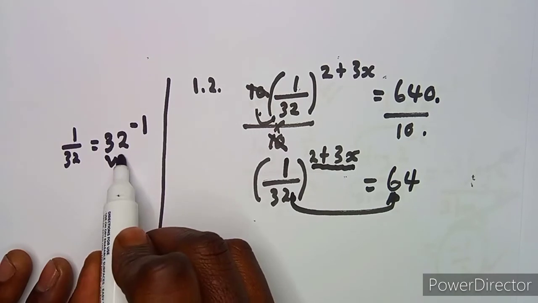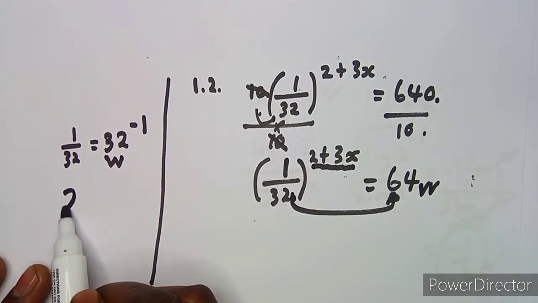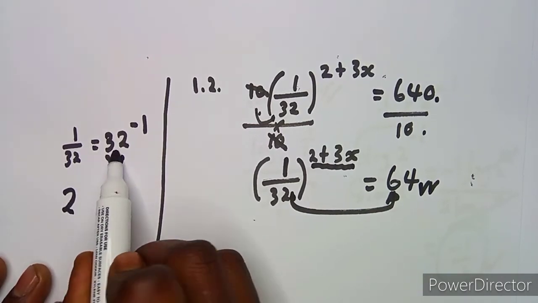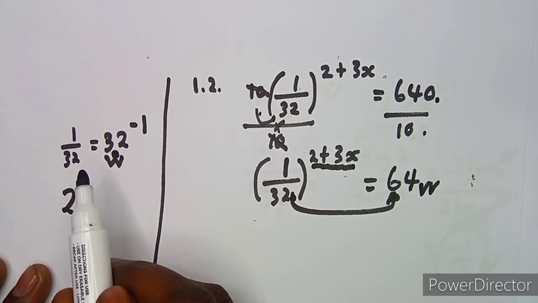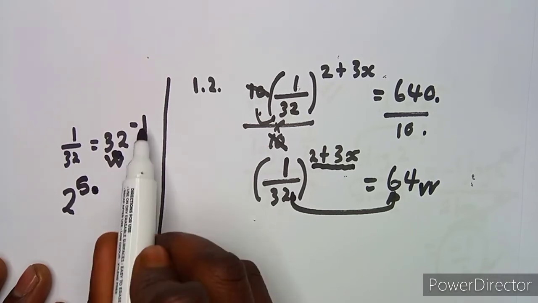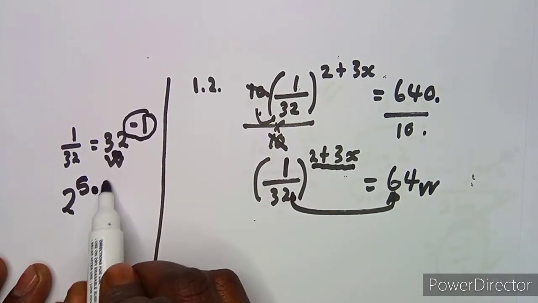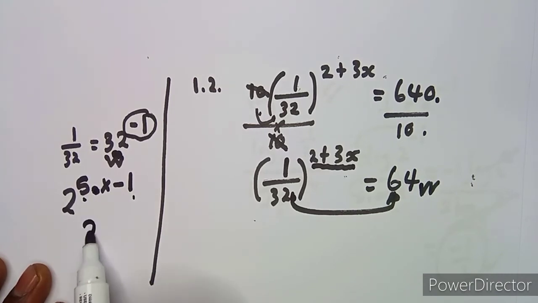So we have got 32 and we've got 64. Which base can we use? Let's go to base 2, because 32 is the same as 2 to the exponent of 5. This 32 here is the same as 2 to the exponent of 5, but there is an exponent of -1, so it's going to be 5 times -1, which is -5.